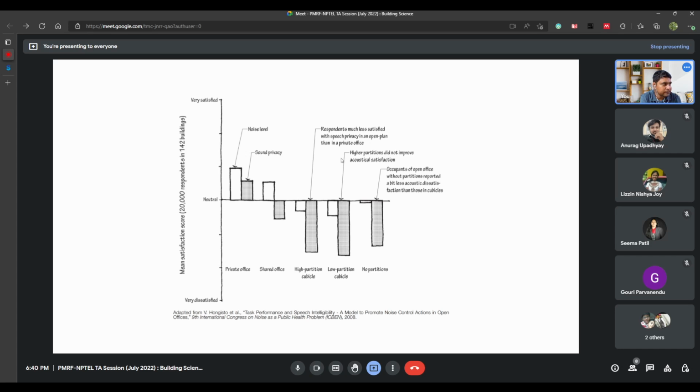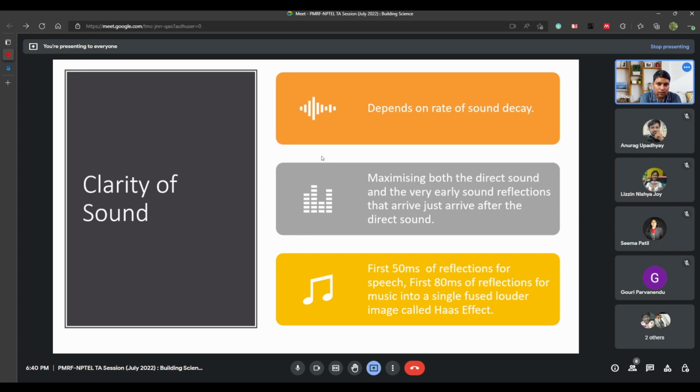Moving further, the concept of clarity of sound. Basically, clarity of sound depends on the rate of sound decay. We can increase the clarity of sound by maximizing both the direct sound and the sound reflections that arrive.